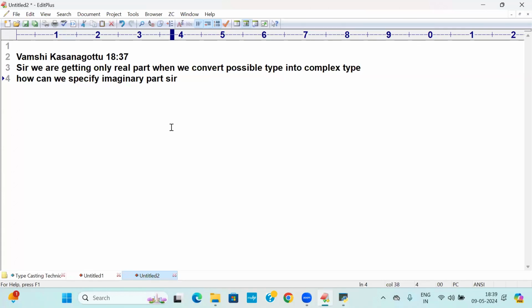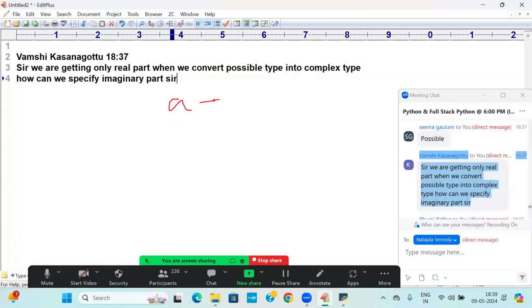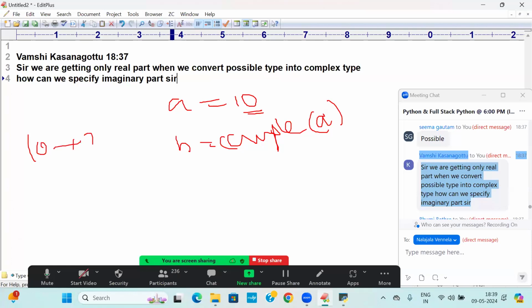Simple. When I say A is equal to 10 and convert it into complex, B is equal to complex of A, it will be taken as a real part only. Suppose you are interested in preparing 10 plus 2j, apply your intelligence.